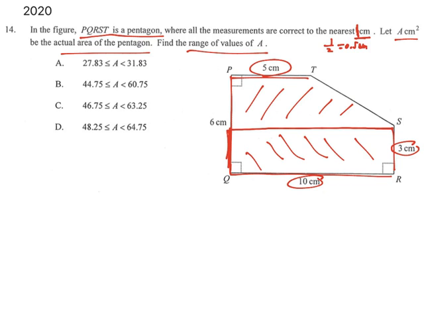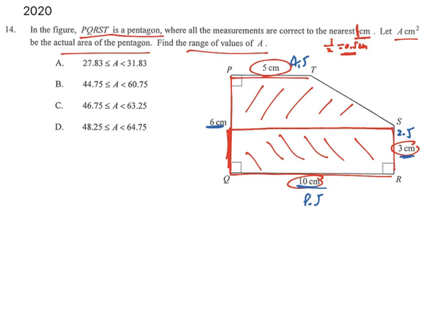Now let's see the minimum case. Because 0.5 is the error, for this side the minimum becomes 5 minus 0.5, so it becomes 4.5. For this one, the minimum case is 10 minus 0.5, 9.5. For this one, 3 minus 0.5, 2.5.